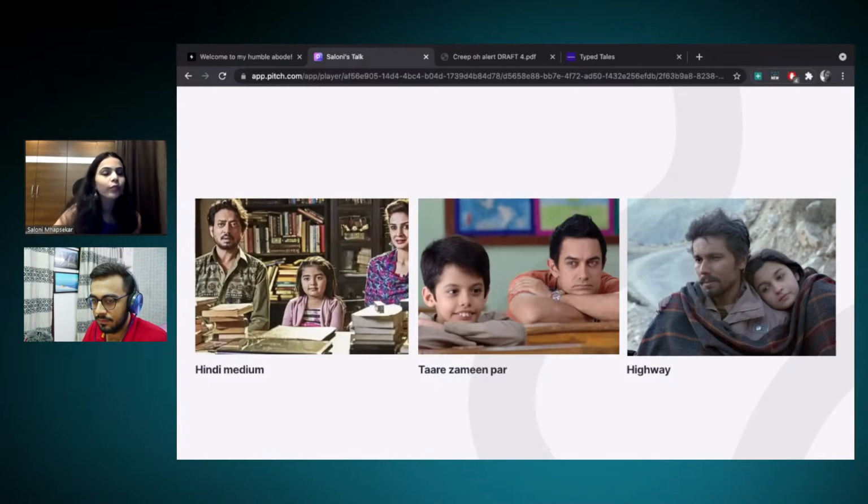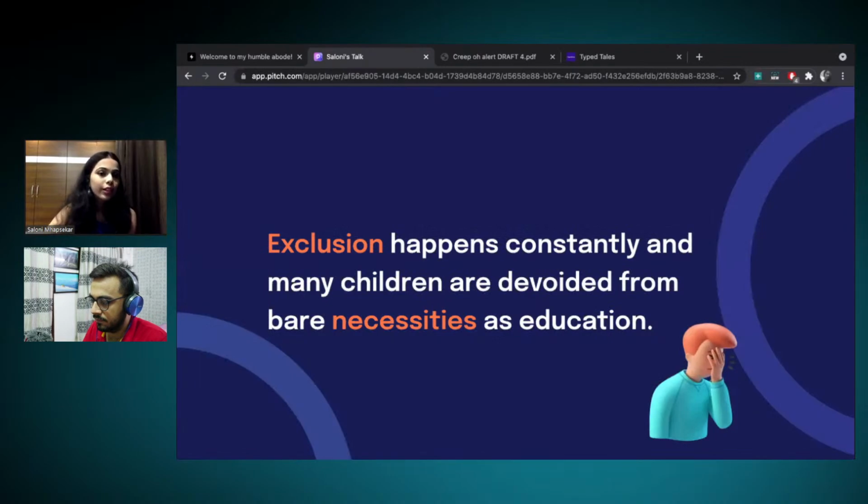These are not just Bollywood stories, but stories of people around us. And exclusion is happening constantly, and children are excluded from a basic necessity like education. So we as designers need to keep in mind that whatever we are designing, we need to be mindful and considerate about the use case, because learning for every student is different.